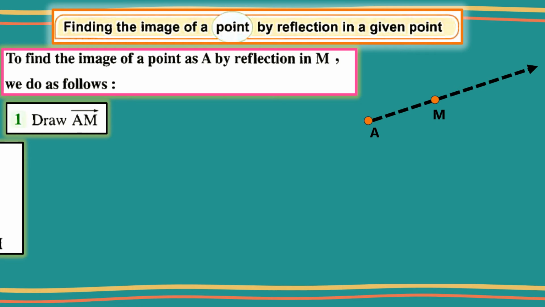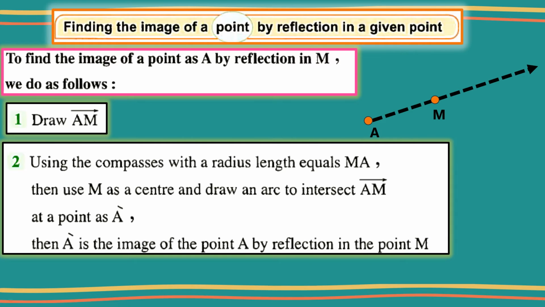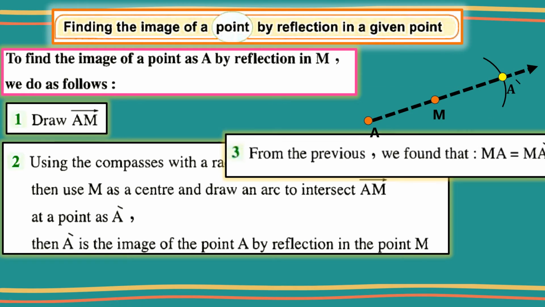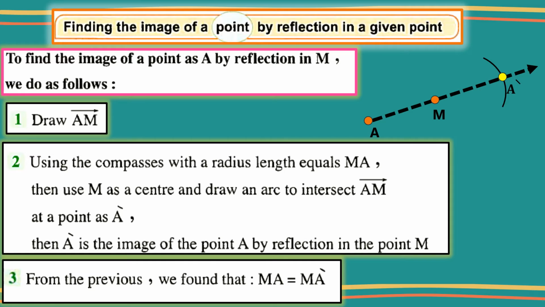Number 2, using the compass with a length equal to MA, use M as the center and draw an arc to intersect AM at point A dash, like this. Then A dash is the image of the point A by reflection in the point M. From the previous we found that MA equals MA dash.